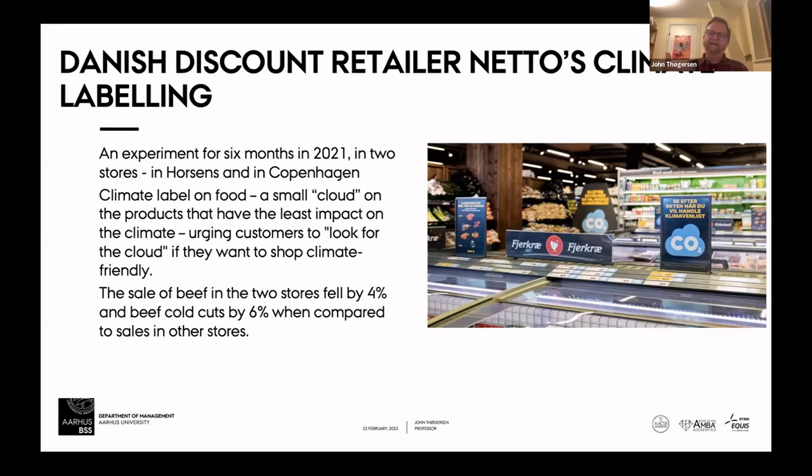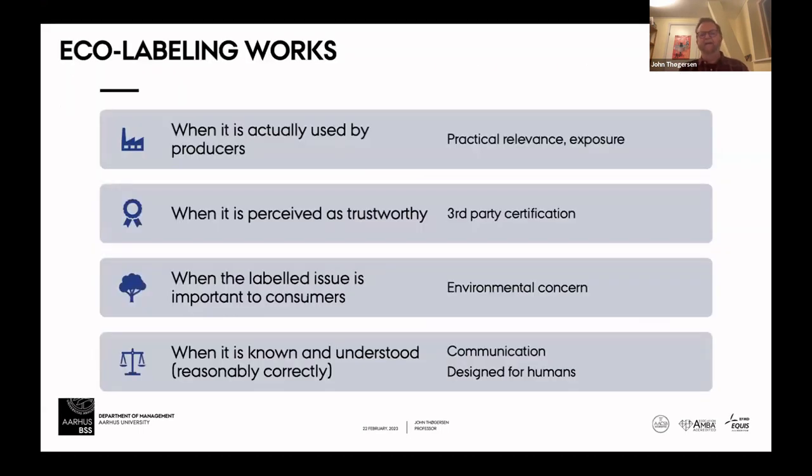And since beef is the most carbon-taxing food that is sold in the store, that's of course an encouraging result. And in general, all of the tests that have been done of eco-labeling, like carbon labeling and other types of eco-labels, both academic tests and practical tests, generally reveal that eco-labeling works, but it works under certain circumstances.